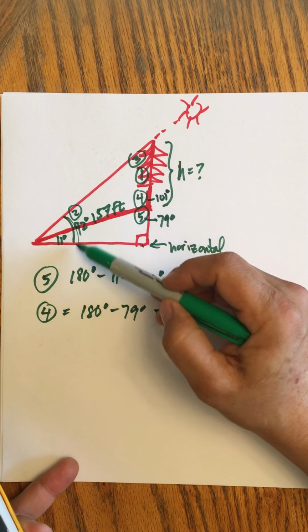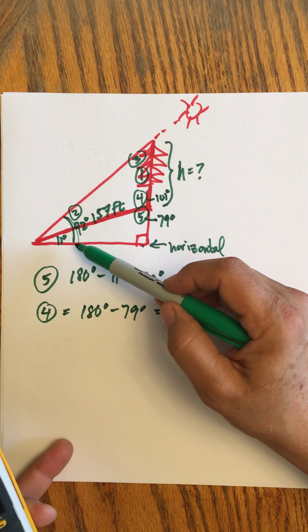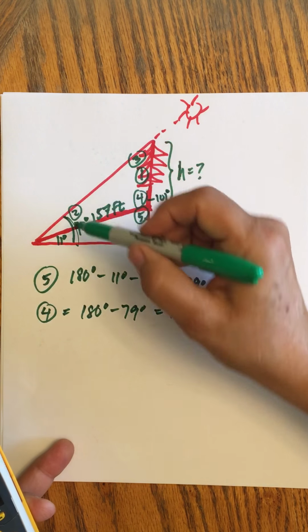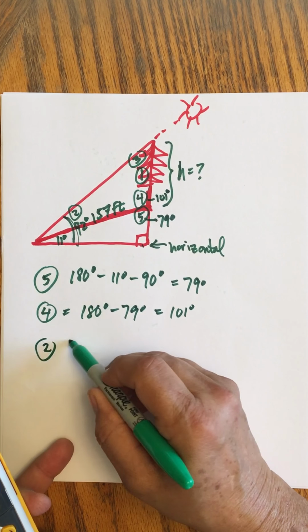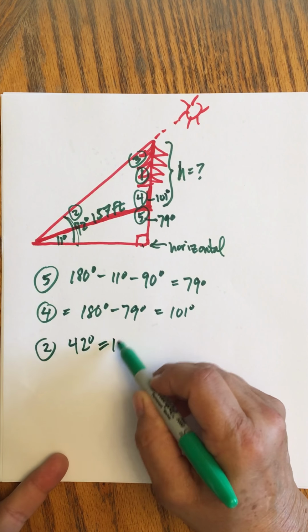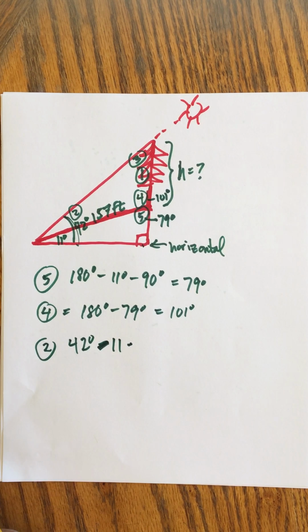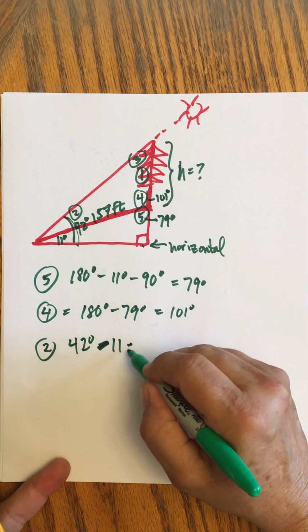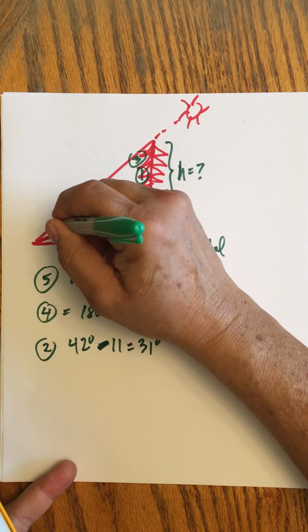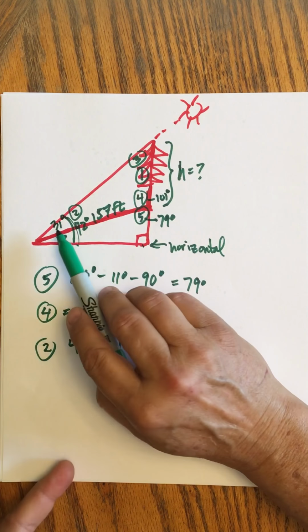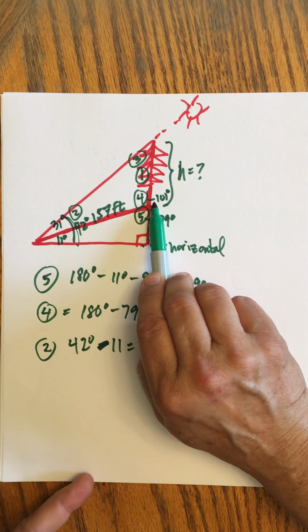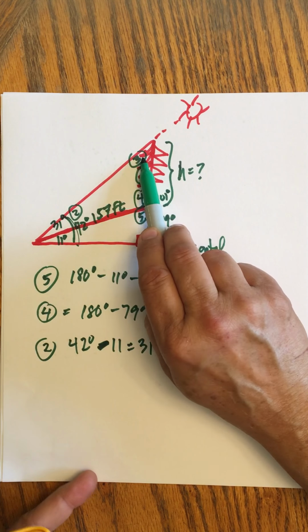Now, I knew I could find this one pretty easily, so I can do 42. So to find angle 2, I can do 42 minus 11, right? Oops, it's so easy to write stuff funny. So that's 31 degrees, right? So that's 31 degrees. And now I know these two, subtracted from 180, will give me that.